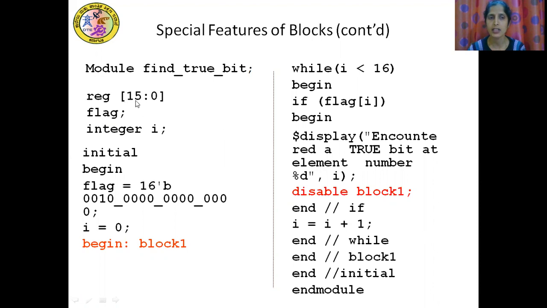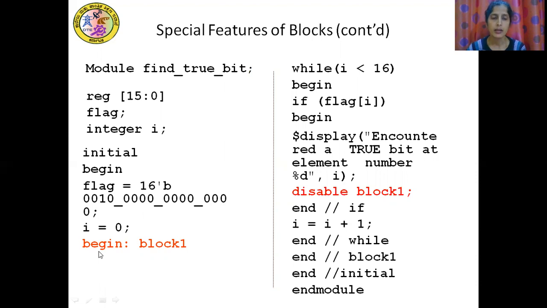That is, flag is a 16-bit register and I is declared as an integer. Here we have written a set of statements within the initial construct. The initial block begins with the keyword begin, where flag, which is a 16-bit register, is assigned some 16-bit data, and I is initialized to 0.